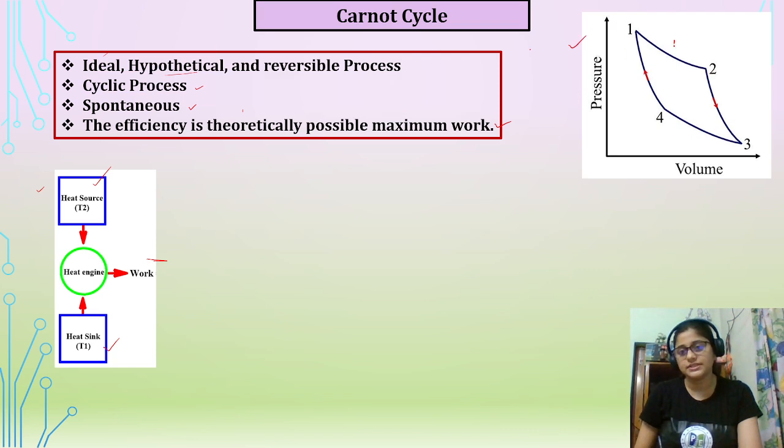Now this is the graph of the Carnot cycle. Four processes are there: one, two, three, and four. Among the four processes, two are isothermal.